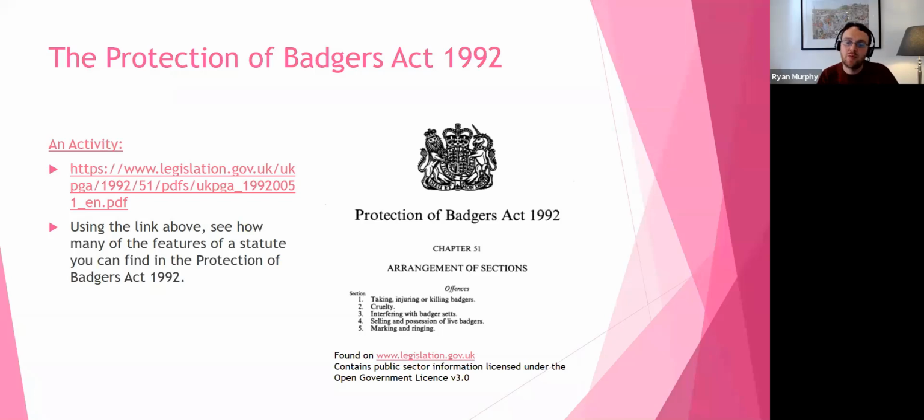See if you can label that Act of Parliament with its relevant parts, including the coat of arms, commencement, section numbers, etc. Also, there will be some that you can't find in the Protection of Badgers Act 1992, and I'd like you to put some thought to why they might be missing. Why don't Acts of Parliament all have, for example, subsections or subparagraphs or other features? Why might some features be missing? What does that tell you about the nature and the scope of that particular Act of Parliament?